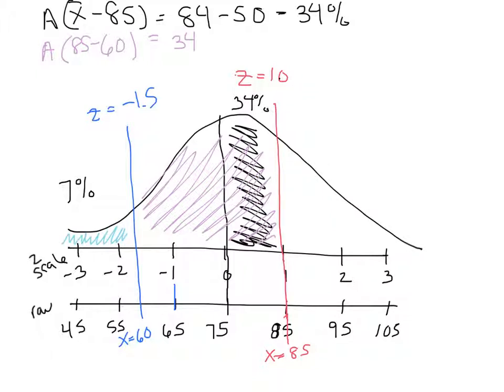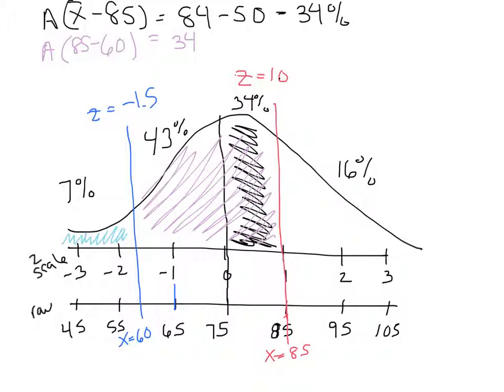We know that this area is 34%. We know that this has to be 16% because 34 plus 16 gives us 50. And this area has to be the remaining amount. So that would give us 43%.